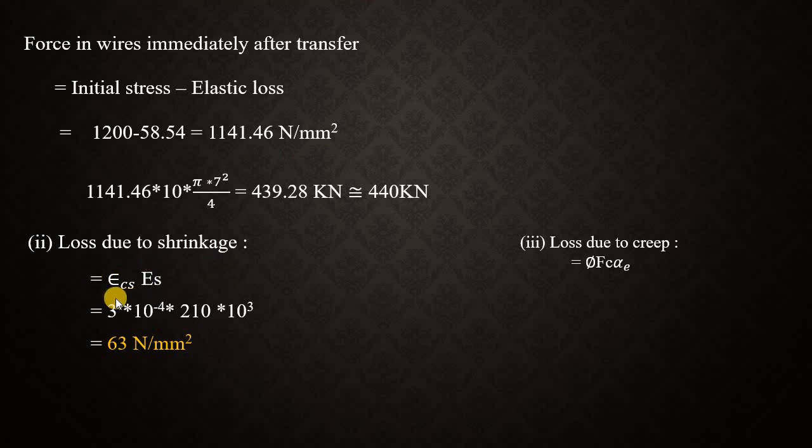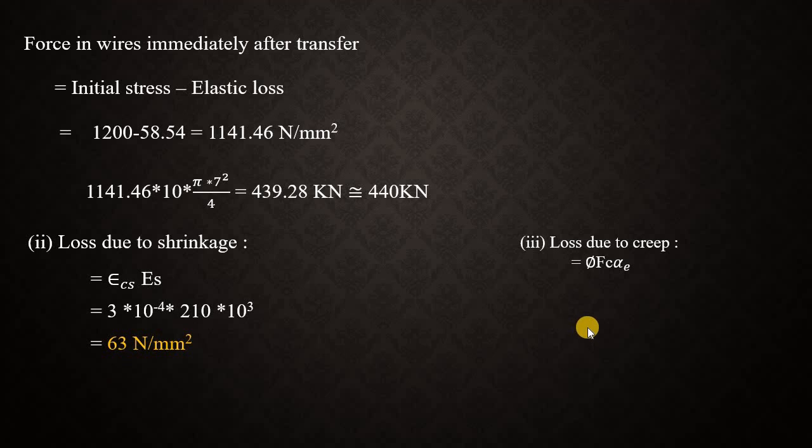Okay, loss due to shrinkage formula we know, that is epsilon cs into Es, shrinkage of concrete into Young's modulus of steel. We know both the values, substituted we will get 63 Newton per mm square. The third loss is loss due to creep. The formula is phi Fc into alpha E. We know the phi value, but now the new Fc value should be found out.